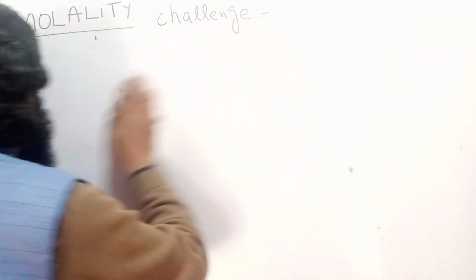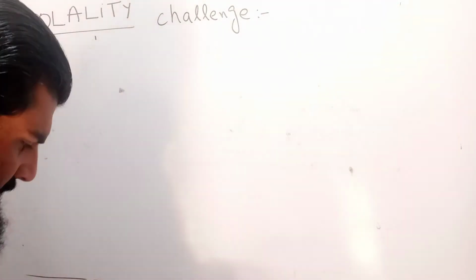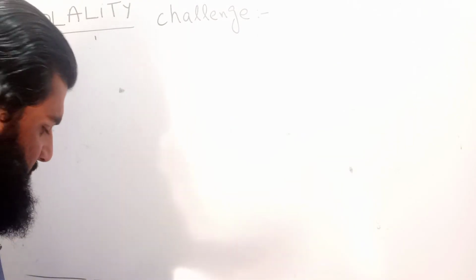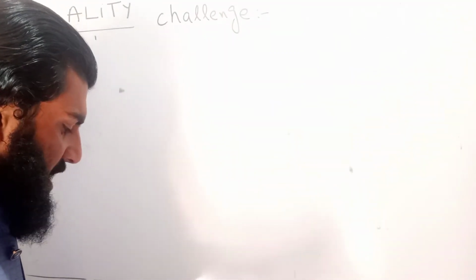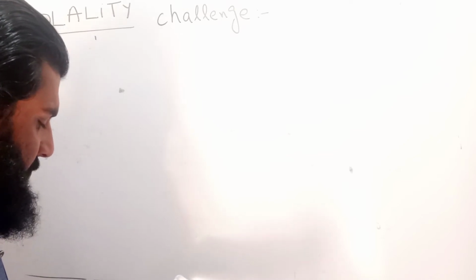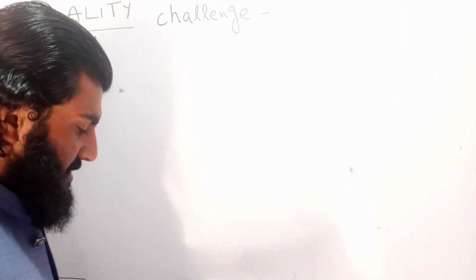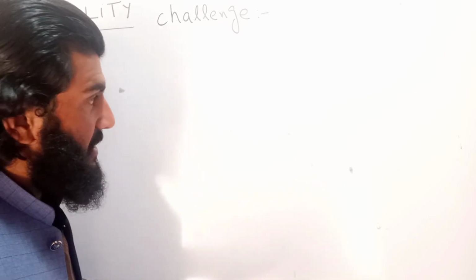now be attentive. The question is that, a centimolar solution of NH3, if mass of solvent is 2 kilogram, its mass of solvent is 2 kilogram. So we have already solved it.